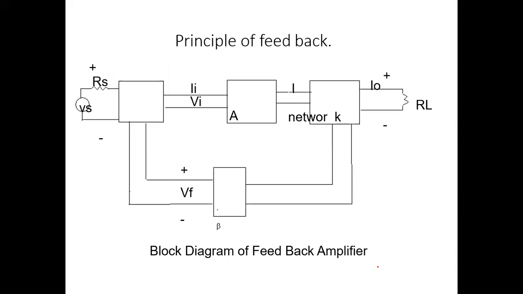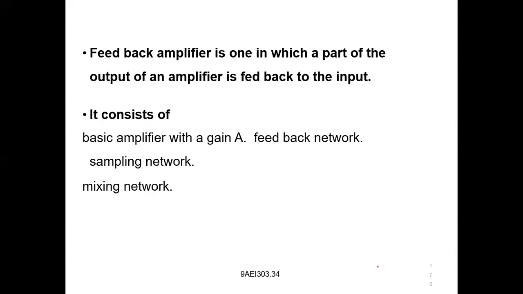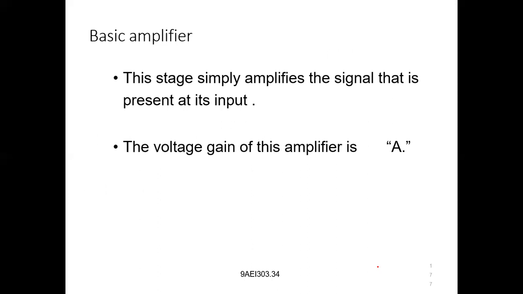We take the output from some part and give it to the input through different networks. A feedback amplifier is one in which part of the output of the amplifier is fed back to the input. It consists of a basic amplifier with gain A, a feedback network, a sampling network, and a mixing network. The basic amplifier stage simply amplifies the signal present at its input.